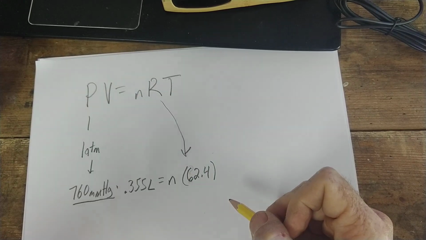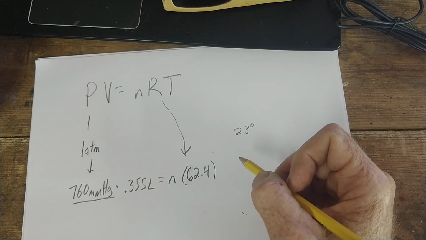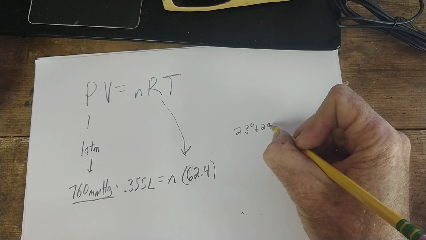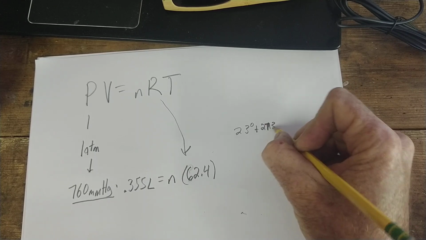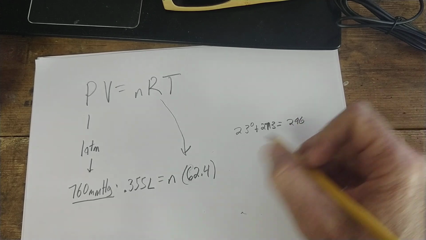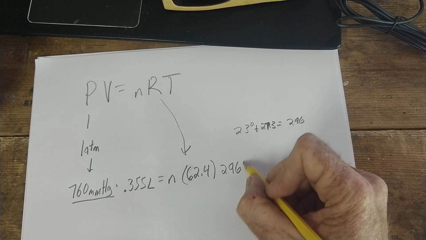And what is the temperature here in Kelvin? Well, it's 23 degrees Celsius. That's room temperature. And we have to add 273 to that to convert it to Kelvin. So it's 296 degrees Kelvin.